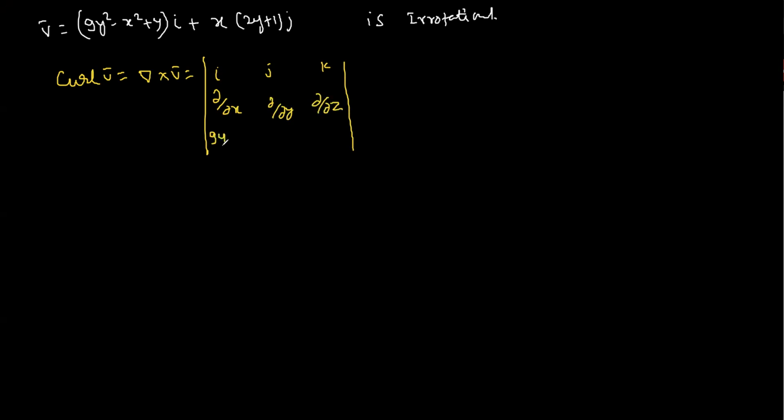Here 9y square minus x square plus y. Component of j is this x 2y plus 1. There is no component of k, right? 0 minus x 2y plus 1 minus j.